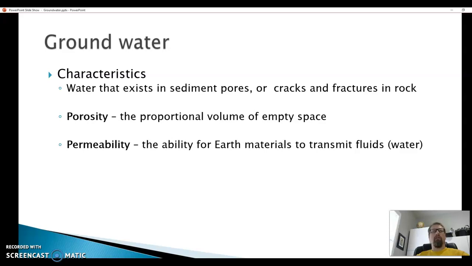Imagine a lot of larger size sediment, gravel for example. There's some negative space or empty space between the pieces of gravel. Those would be the pore space. So how much water stays in that pore space is porosity, whereas permeability is the movement and the transfer of the fluid through that space.